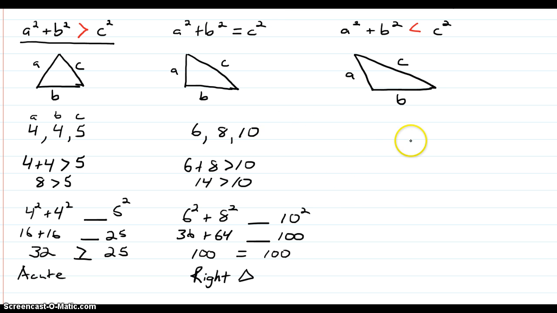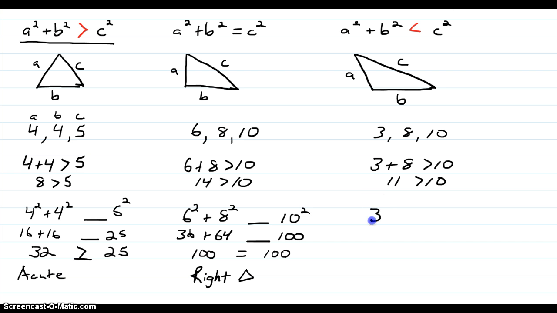Alright, the last example. Let's look at a 3, 8, 10. First let's just make sure it makes a triangle. 3 plus 8 is greater than 10. That's true. And this illustrates why we can't do that. All three of these work, but they're all different triangles.